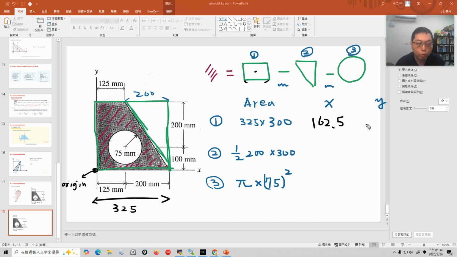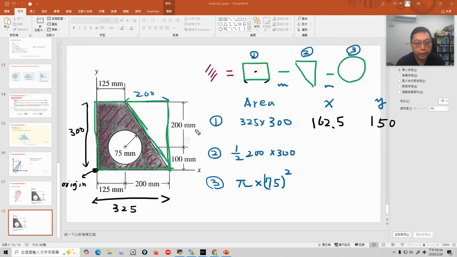What's the y coordinate? Here is 300, so the centroid of this rectangle for the y coordinate is 150.